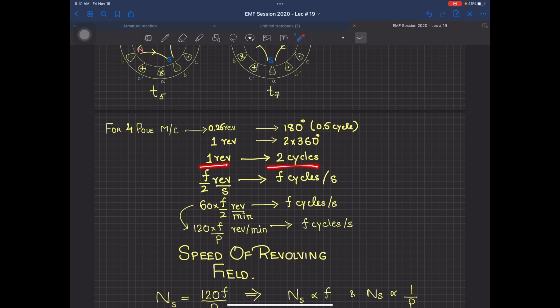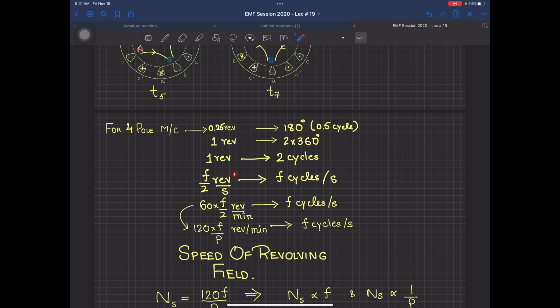Okay, I had not yet added seconds to the above equation. I only told you when 1 revolution will happen: when 2 cycles have transferred. Now if those 2 cycles go on in 1 second, then this is called F cycles per second, the frequency you are applying. Then you have F by 2 revolutions per second.